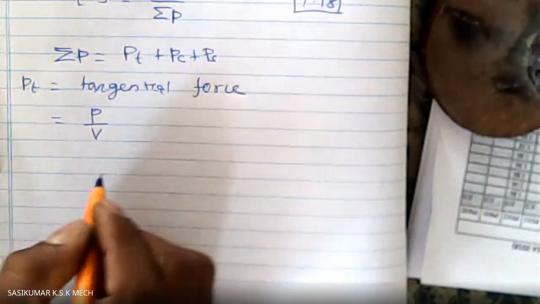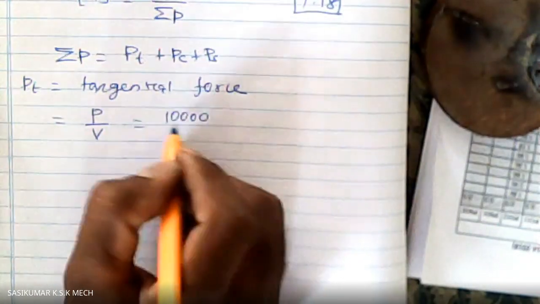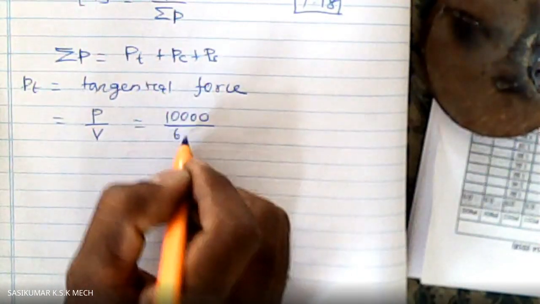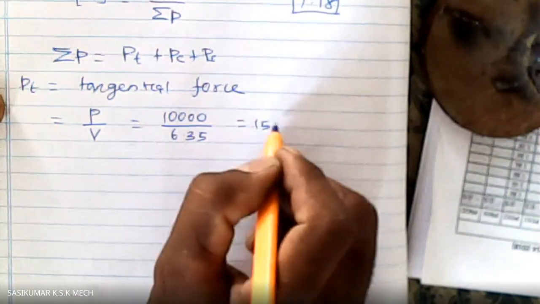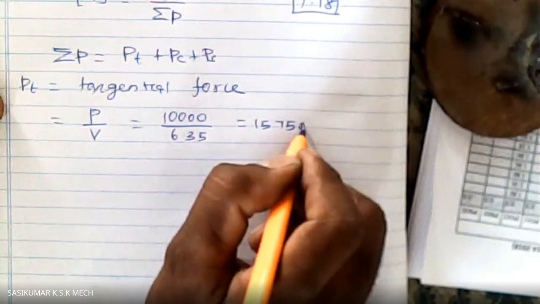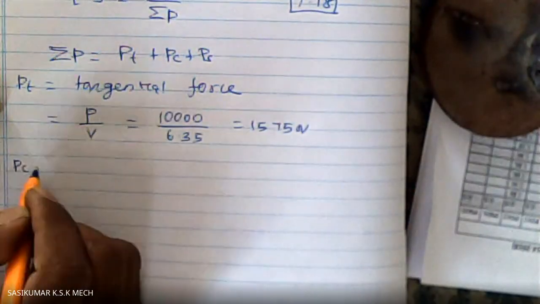Here P is 10,000 divided by velocity 6.35. The PT value is 1575 Newton.